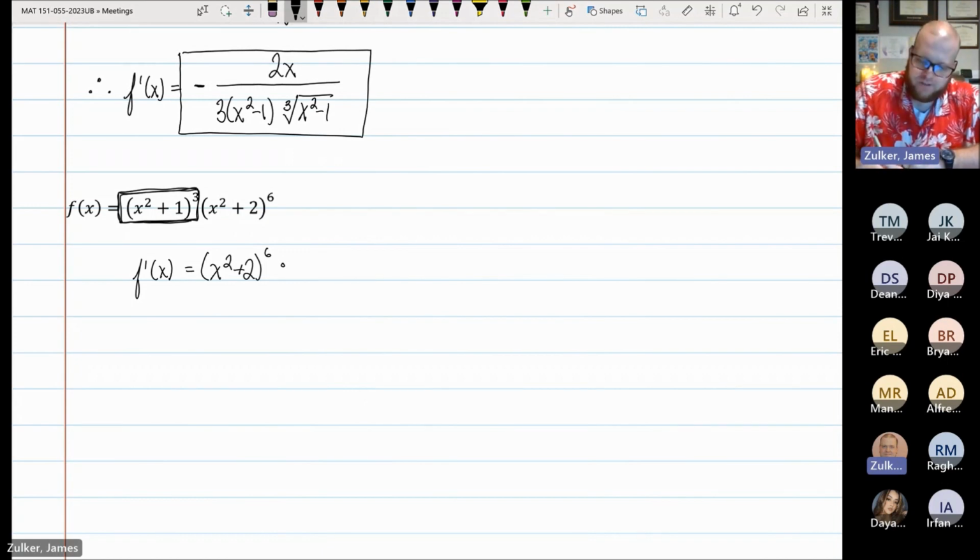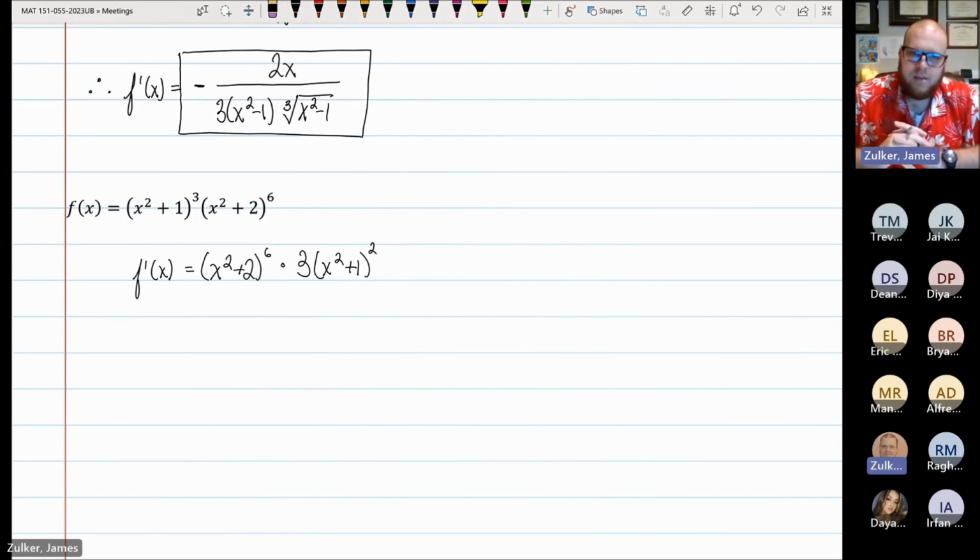Well, power function is 3 times the function to the power minus 1, times the derivative of what's inside. So I need to multiply by the derivative of x squared plus 1, which is 2x.